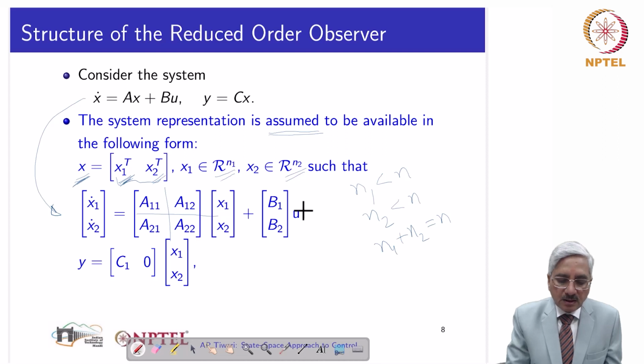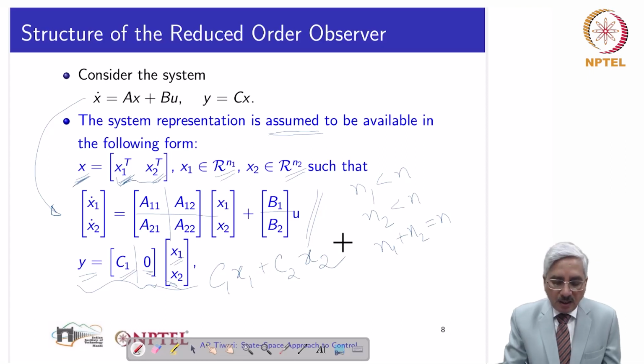Now it's not very clear what we want from the state equation, but it should be clear from the output equation. In this form, what we see is that the output is C1 x1 plus C2 x2, and this C2 is equal to 0.